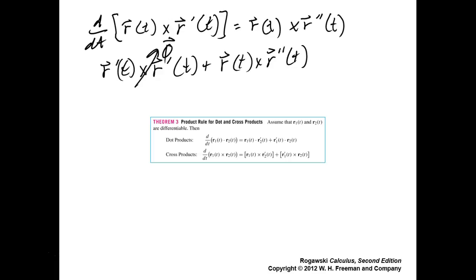So the derivative vector R prime of t at t0 has an important geometric property. It points in the direction of the tangent to the path traced by the vector R of t at that point t0. Let's see what they've got here for us to do. Oh, they do have it. Look at that. I was hoping they were going to have this so I wouldn't have to write it.